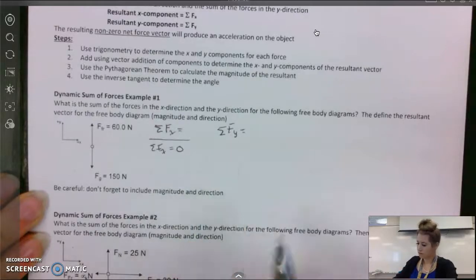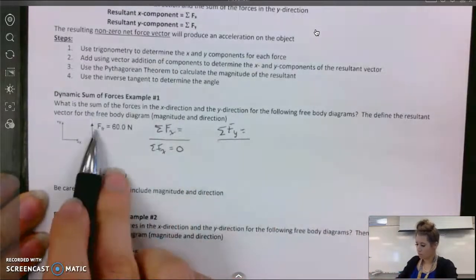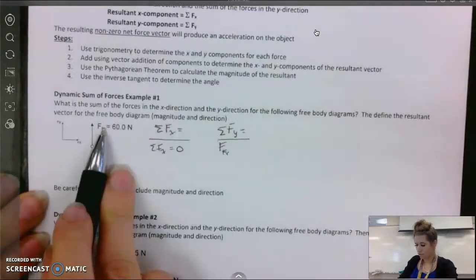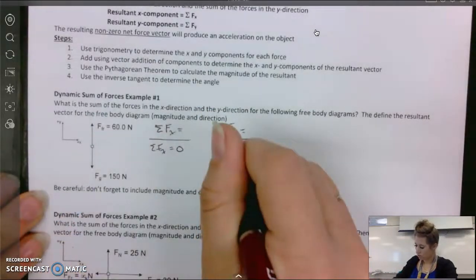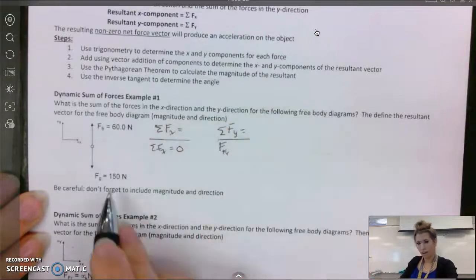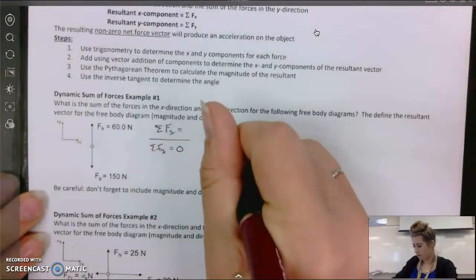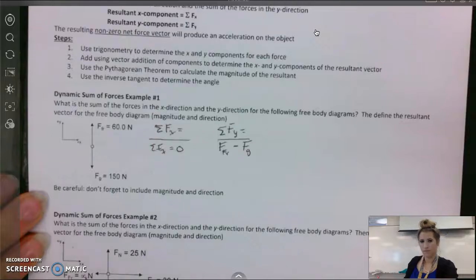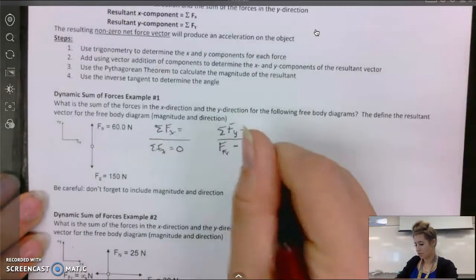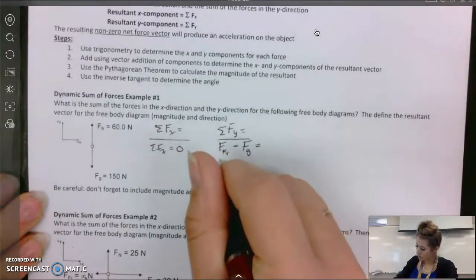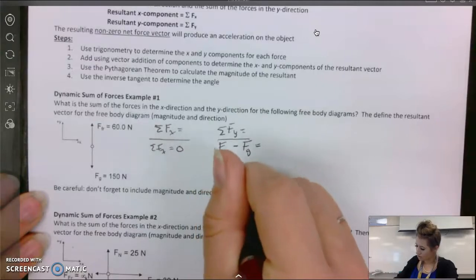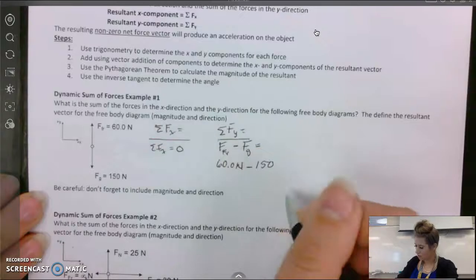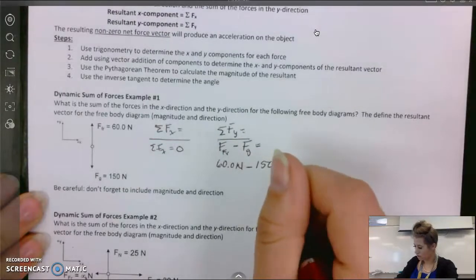But in the y, it's different though. In the y, we have a positive force of friction, which is 60 newtons, and then we're going to add that to the negative 150, or minus 150, force due to gravity. Okay. And that does not equal 0, right? Because our force of friction, that's 60 newtons minus the force due to gravity, 150 newtons.